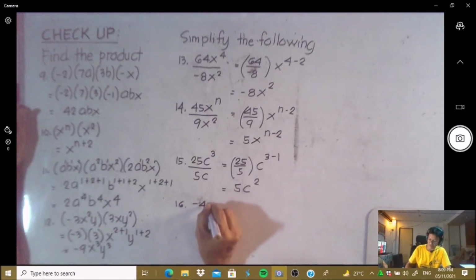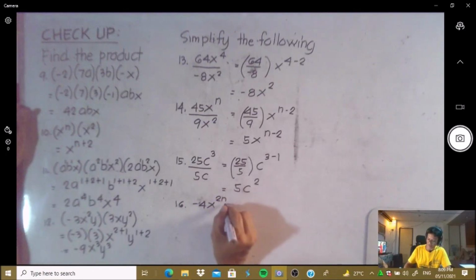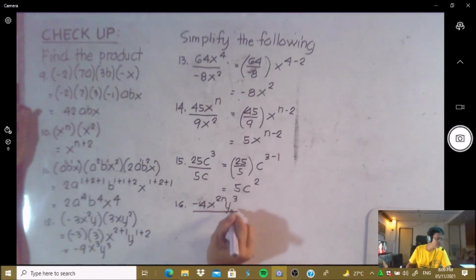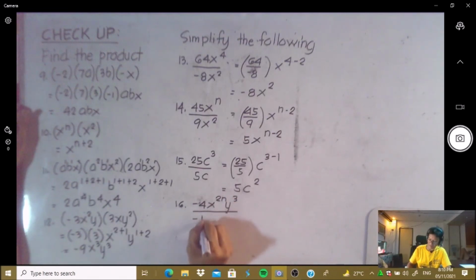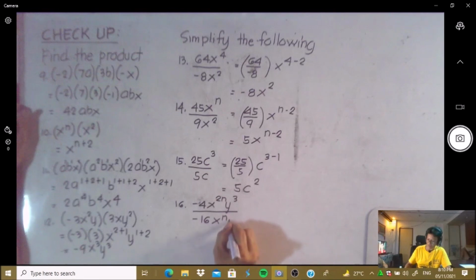Okay. For number 16, we have negative 4x raised to 2n y cubed divided by negative 16x raised to n y raised to m.